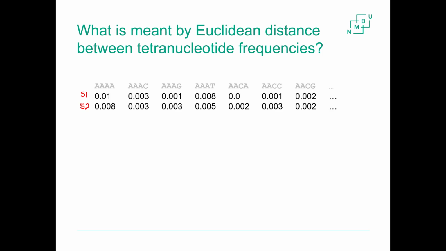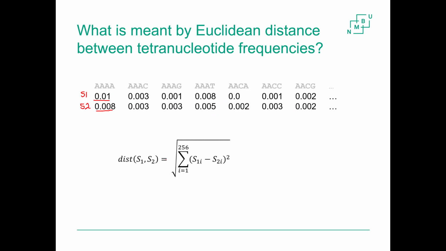And now you can see why it is so important that we have a fixed ordering here, because this value here should be compared to this value here, and the same for the rest. And what is actually the Euclidean distance between S1 and S2, between these two vectors? Think of these two rows as two vectors, right? What is the distance between these two rows?